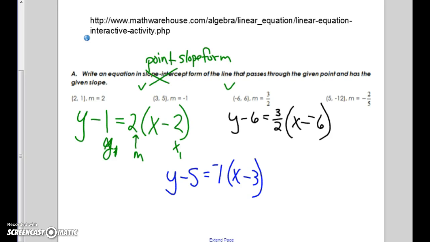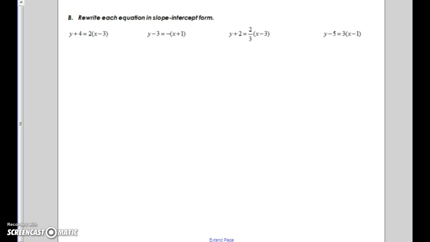So remember right here, a negative and a negative make a positive. So if you would have written it as 3 over 2, x plus 6, that would have been completely fine.